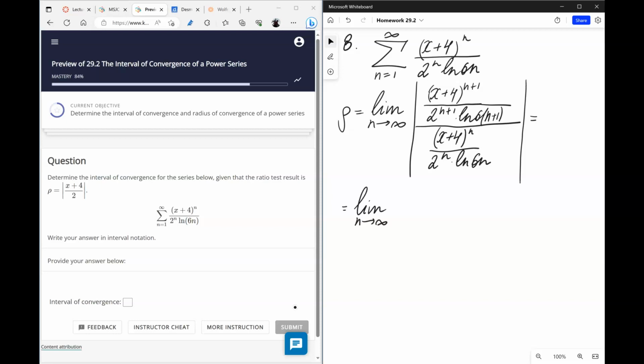So in this case we have this cancels this, so we have absolute value of x plus 4, which is outside of the limit now. We have 2 to the n canceling all of this, so we have 1/2, and now we have ln of 6n divided by ln of 6n plus 6.